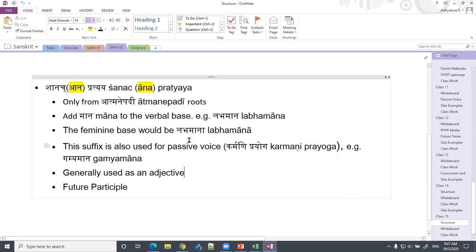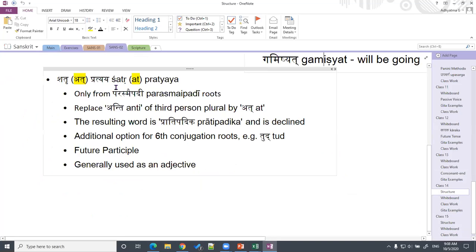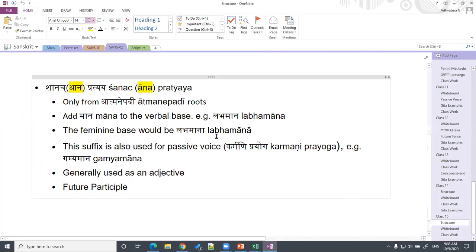If you remember, last time the name of the suffix was Shatru, or At. That is for the Parasmaipadi root. This is for the Atmanepadi root. It's called Shanach, or Ana.